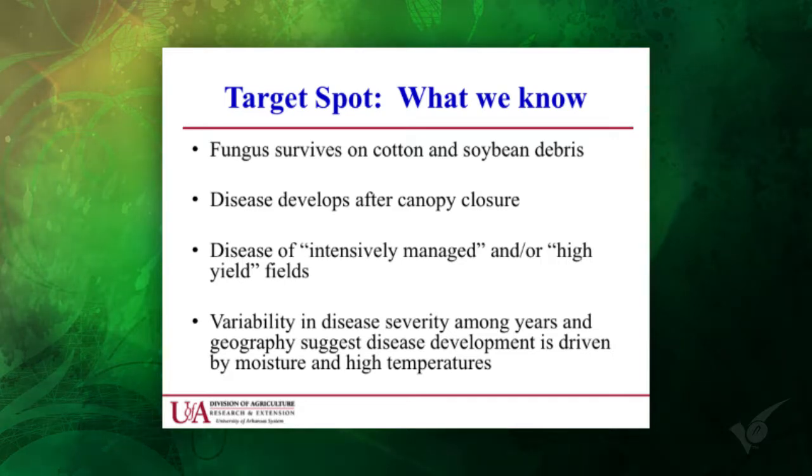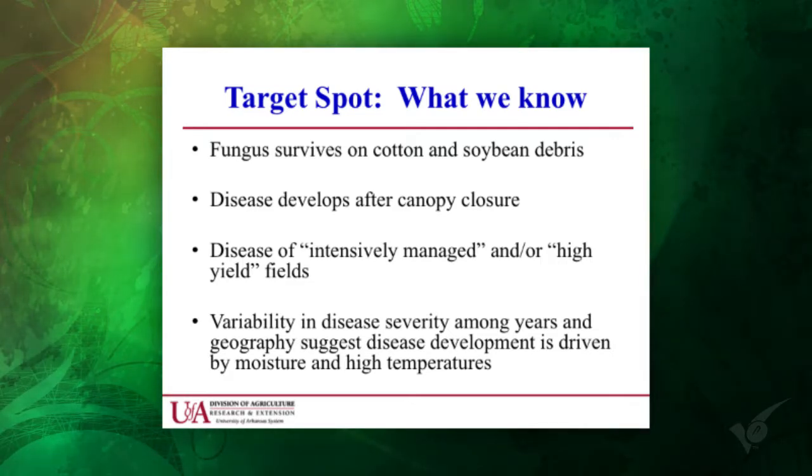For us, you're looking at those 7 to 10 days of cloudy, wet weather that this is going to be a problem. But also at that time, it needs to be hot. When you walk out in the morning to go scout fields at 6 o'clock in the morning, it should be in the mid-70s. That's when this disease is going to be mostly problematic. If we get a high wind, dries things out, that's going to stop that event.